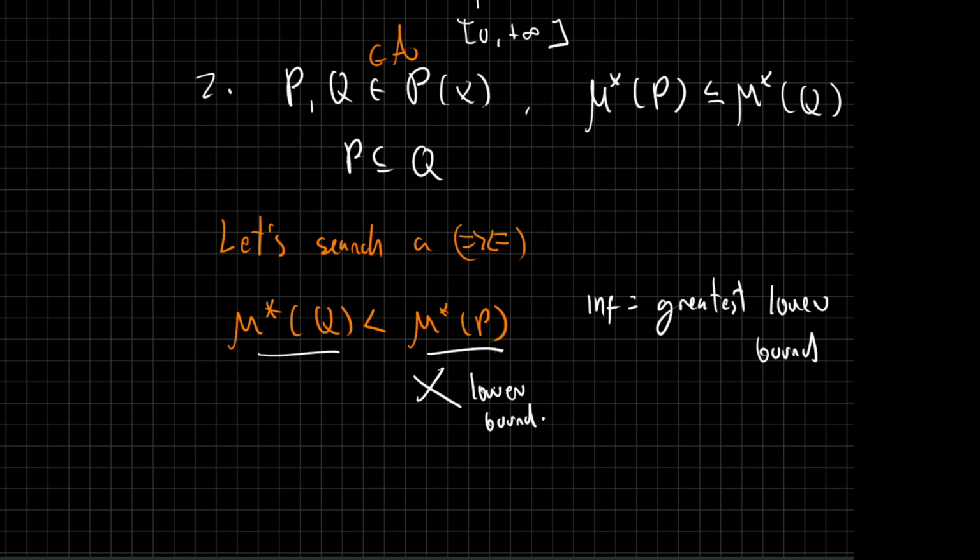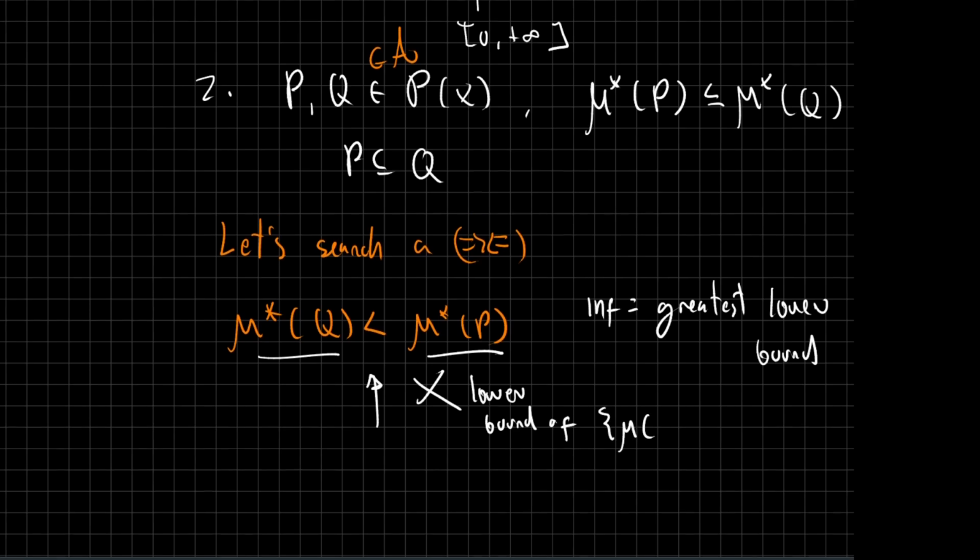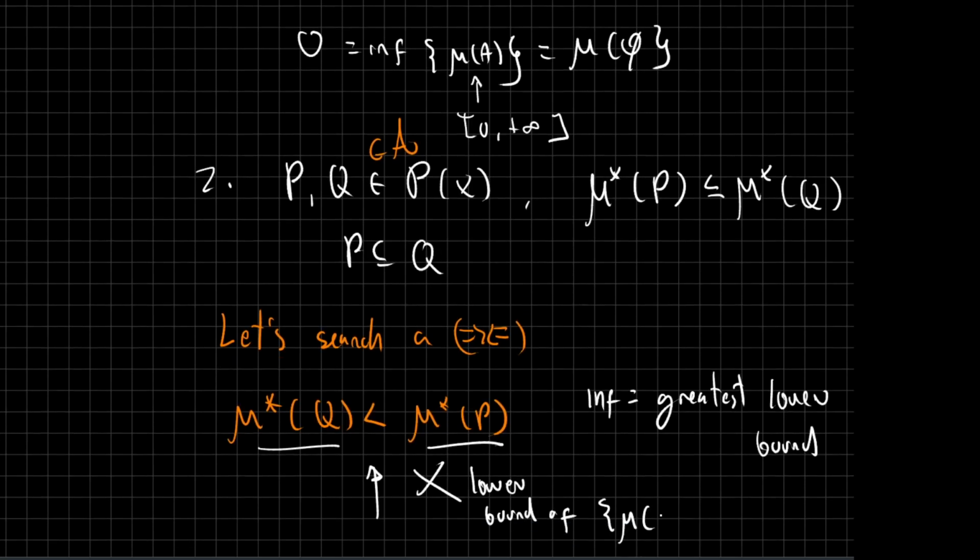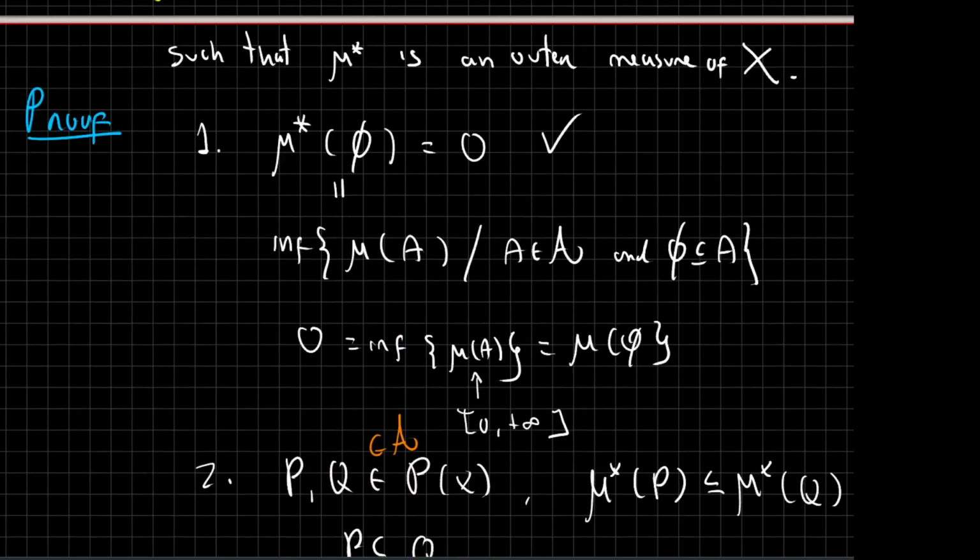Since it is not a lower bound, then there should exist a member of the set. Let me write it like this: A in the sigma algebra and Q a subset of A. Just the definition.